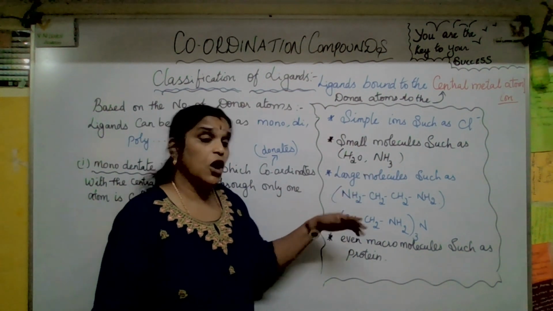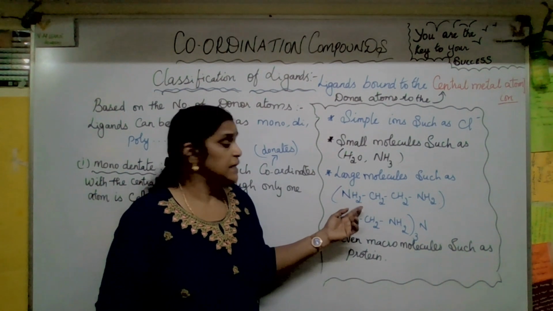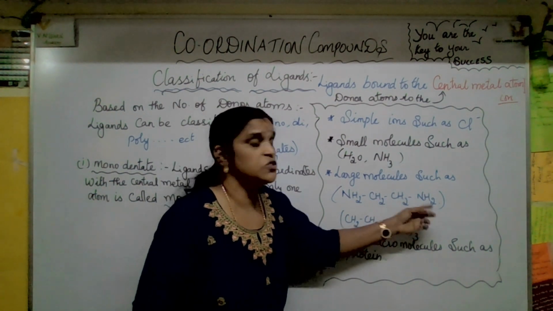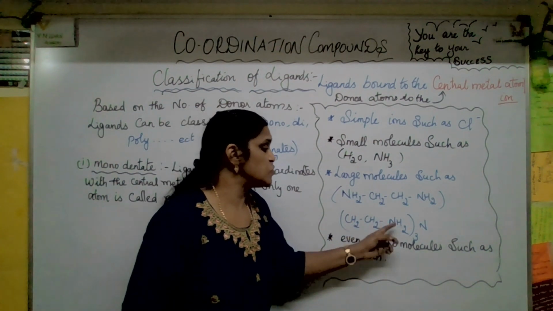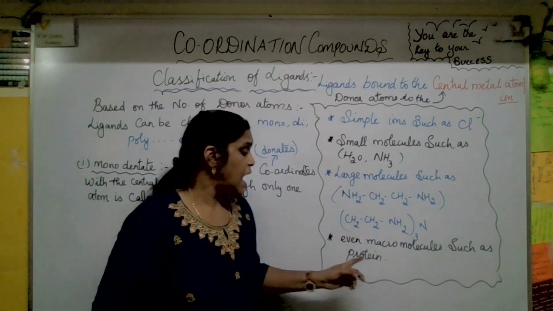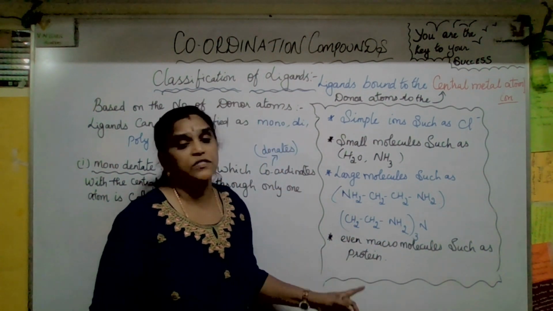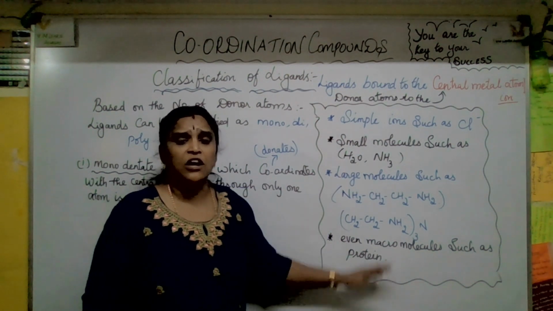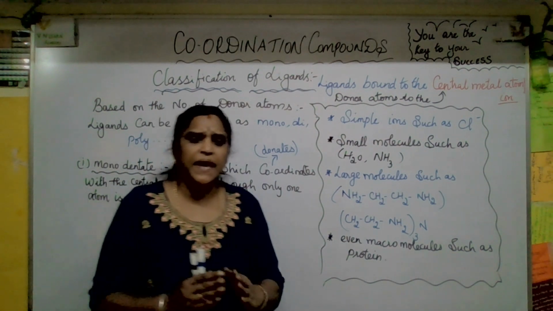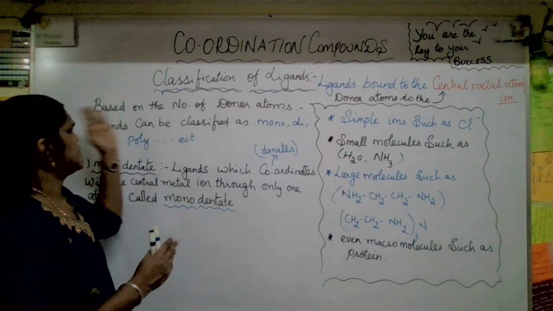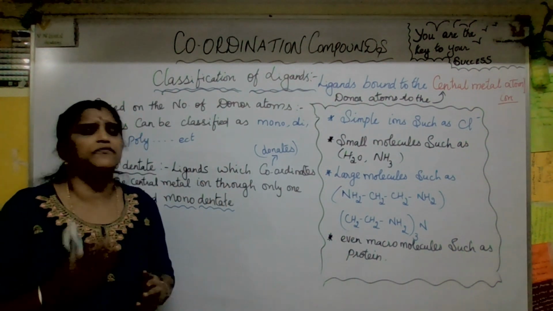Large molecules such as ethylene diamine, NH2CH2CH2NH2, and macromolecules such as proteins are also accepted as ligands. Now the classification is based on the number of donor atoms.